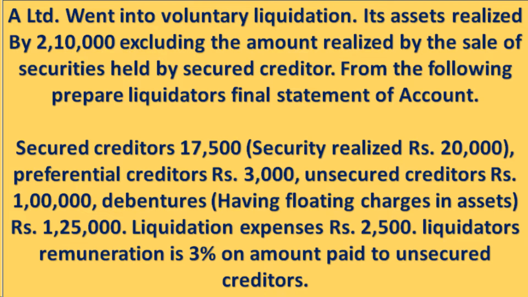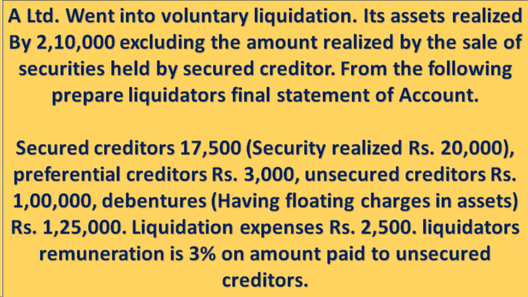A Limited went into voluntary liquidation. Its assets realized 2,10,000, excluding the amount realized by the sale of securities held by the secured creditors. From the following, prepare the liquidator's final statement of account. Secured creditors are 17,500. In that, the security realizes rupees 20,000.